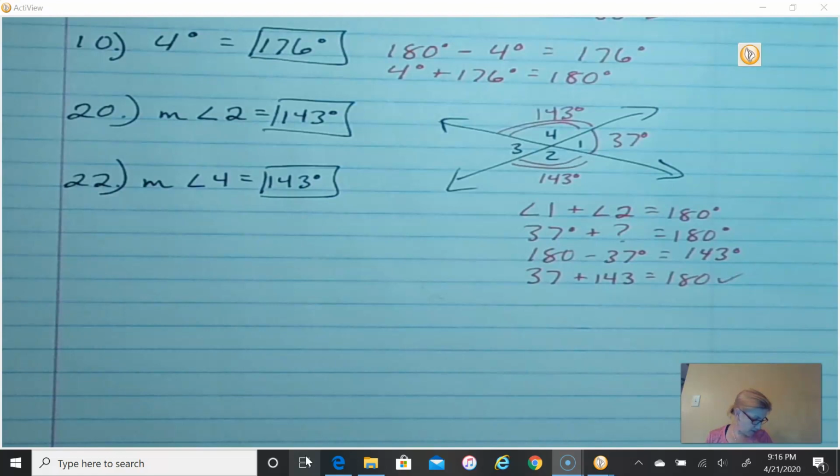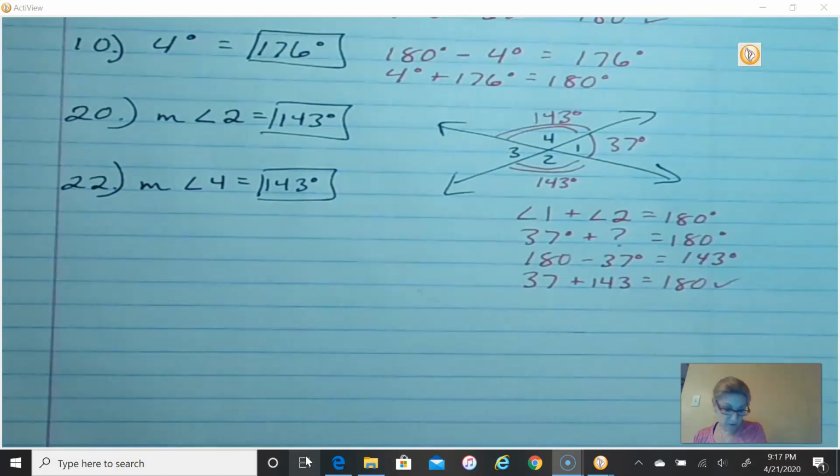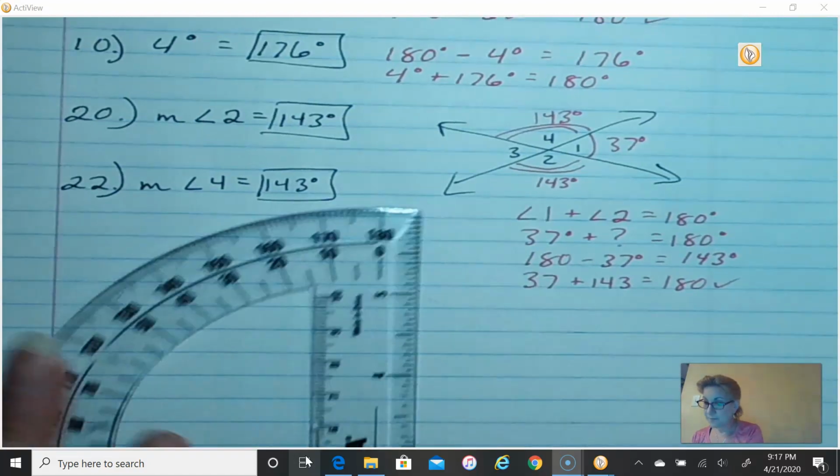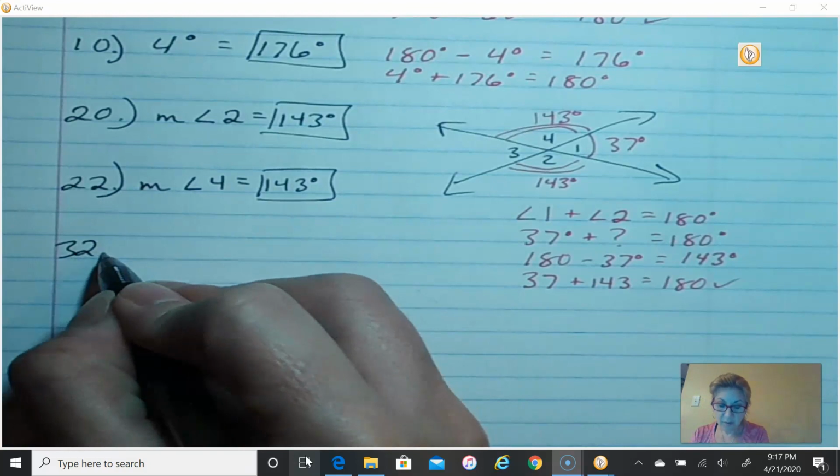Now for 32. Okay, so for 32, we're going to be using the drawing there in your book. It looks something like this. We're doing 32.